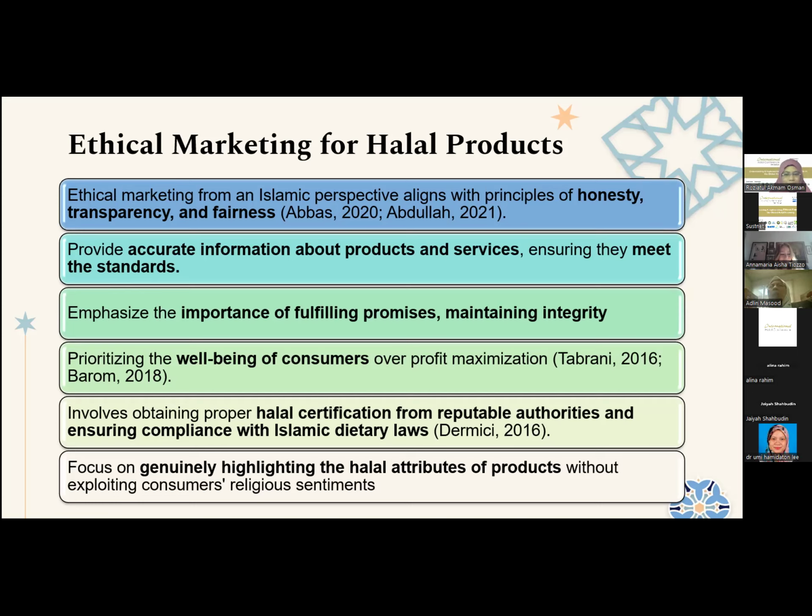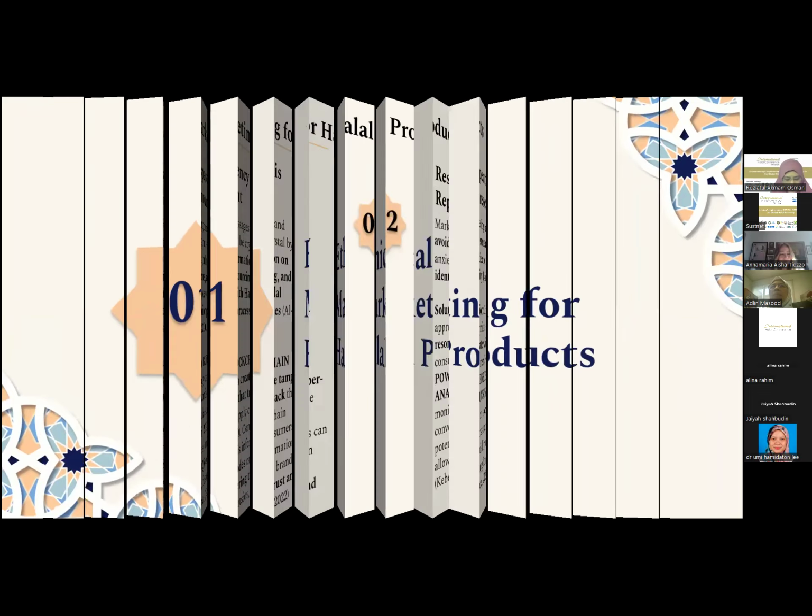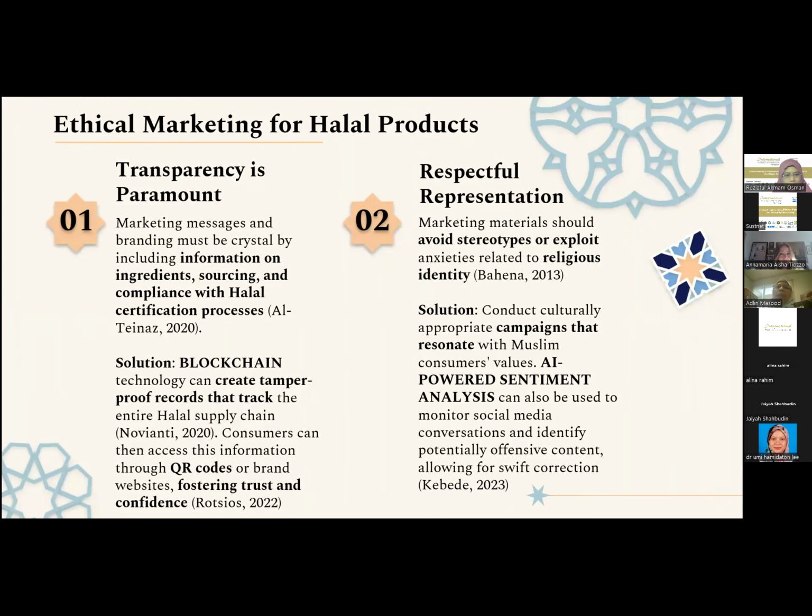Other than that, in order to highlight this ethical part of it, we must genuinely show the attributes of the products without exploiting consumers' religious sentiments. Now, when you talk about halal compliance, all the companies must show that they are transparent.